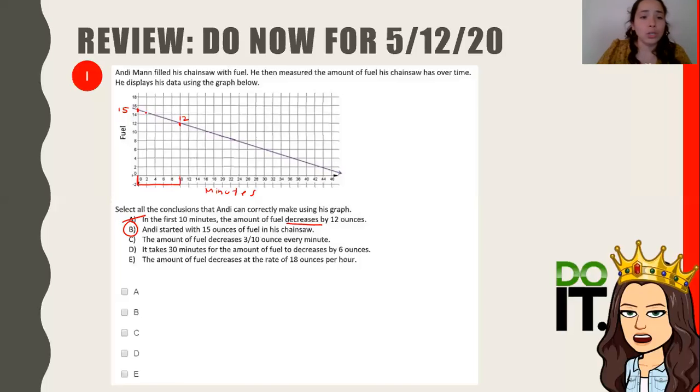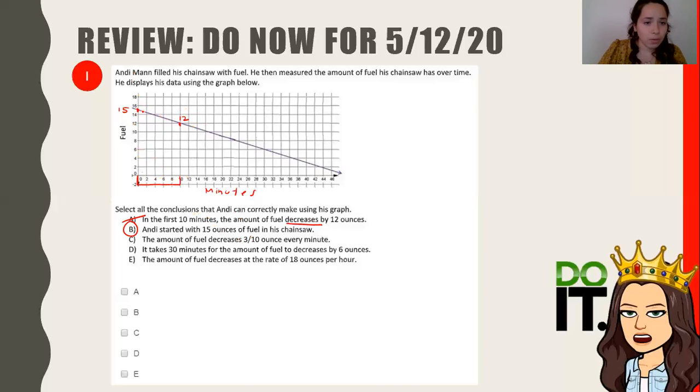minute. So we need to see every minute, how much does it go down by? But notice that it's going by 2s, right? 2, 4, 6. So we want to see every minute, so meaning at this point, how much did it go down by? So from here, we can see that it goes down about, so it says, let's say 0.3 of an ounce per minute.